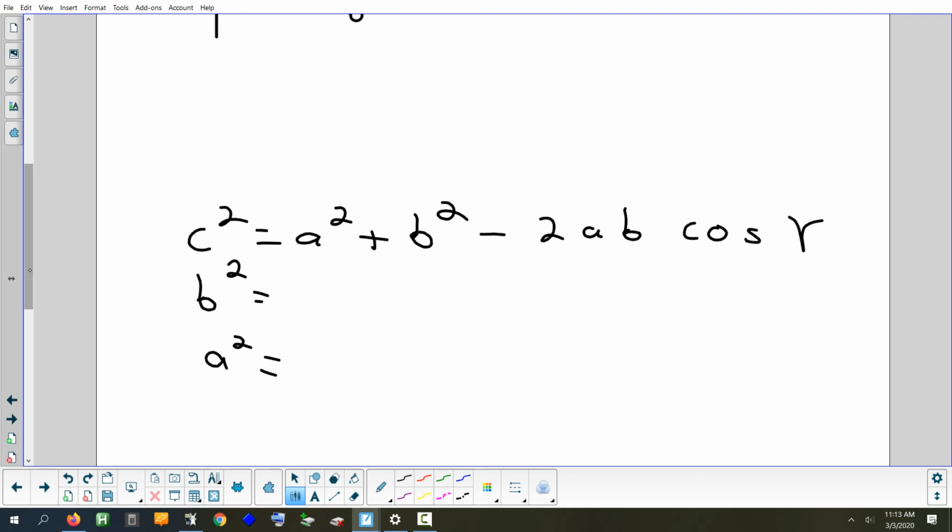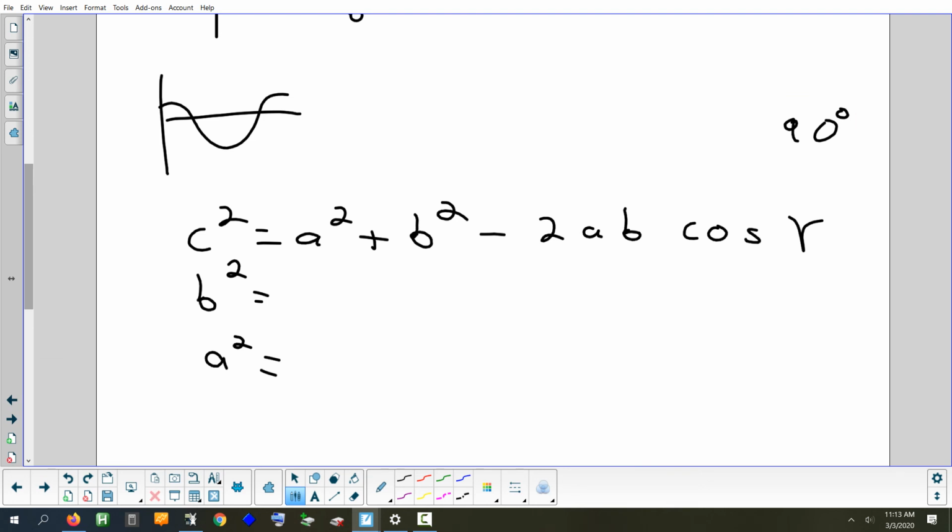Now, let's say that this was a 90. Because you could use law of cosines even if it was a right triangle. You don't need to, but you could. If we take the cosine of 90, think about your graph of cosine. What's the cosine of 90? It's 0.